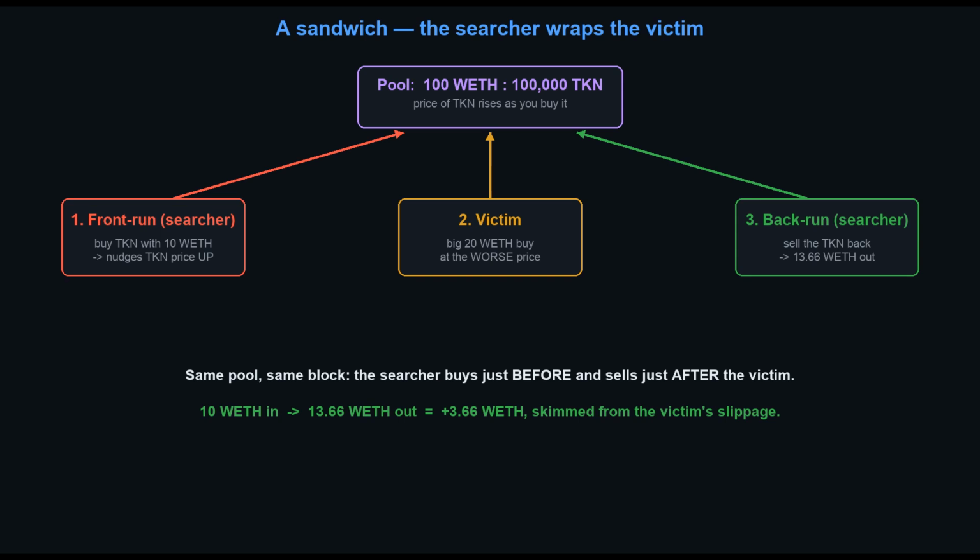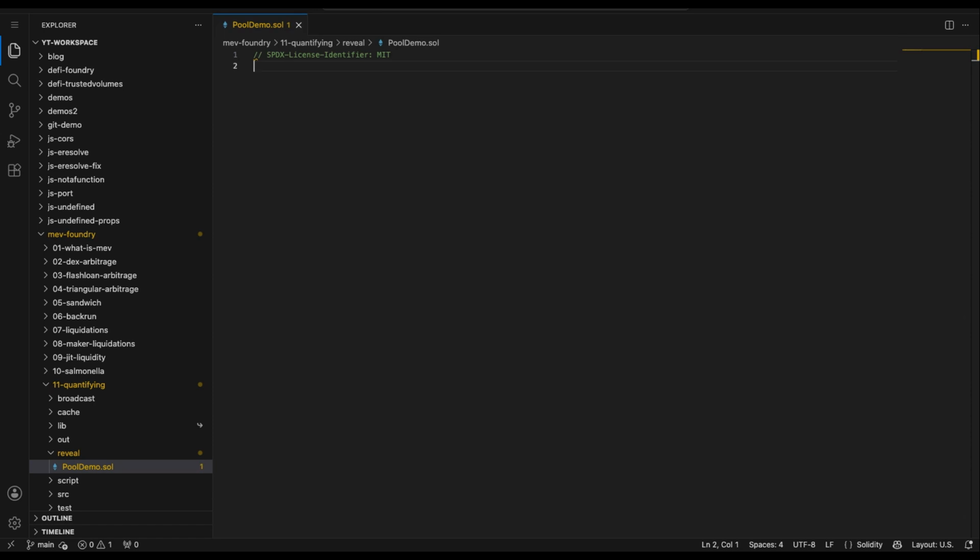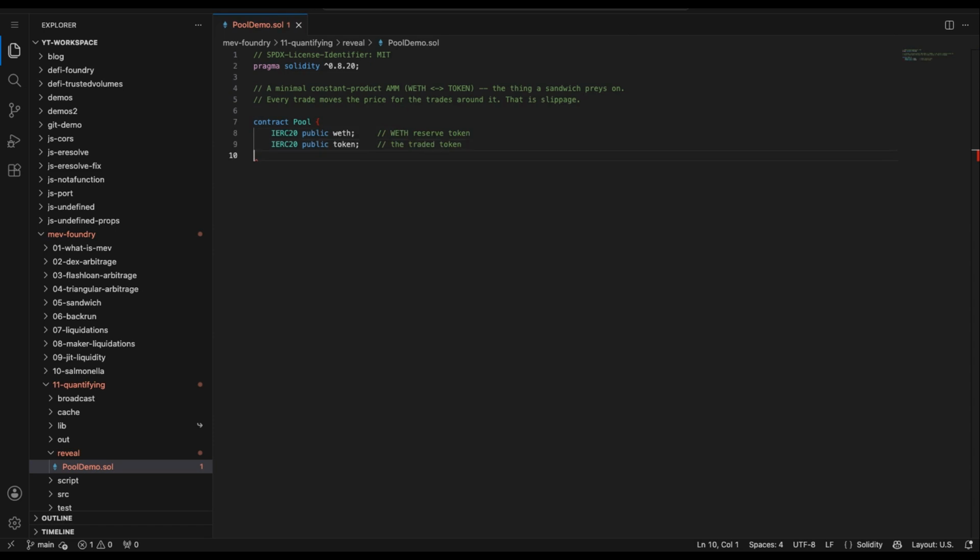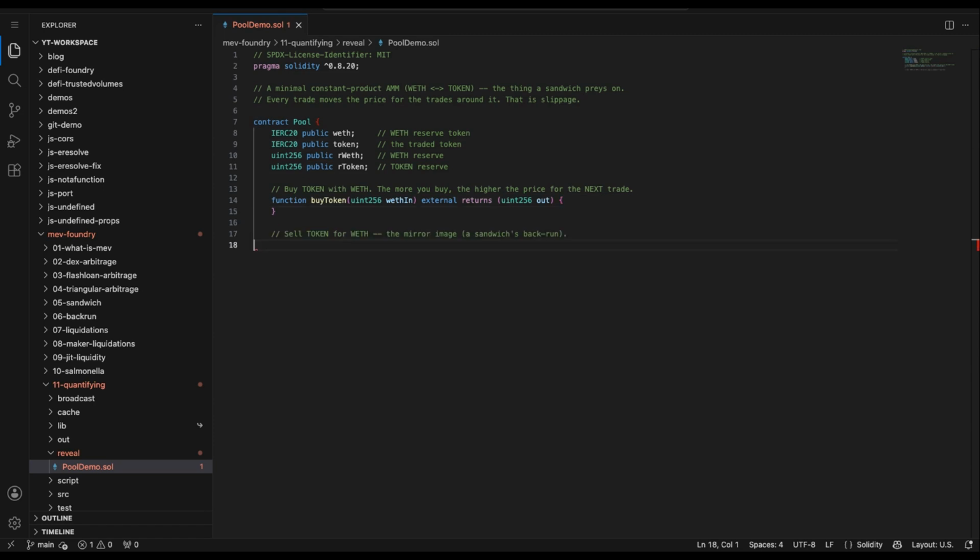Now let's build it and measure it. We built it in Foundry. Here's the skeleton of a minimal constant product pool, the same math as a Uniswap pair. It holds a WETH reserve and a token reserve, and it lets you buy or sell. The functions that matter are buy and sell, so let's fill in the swap math. Here is the swap.